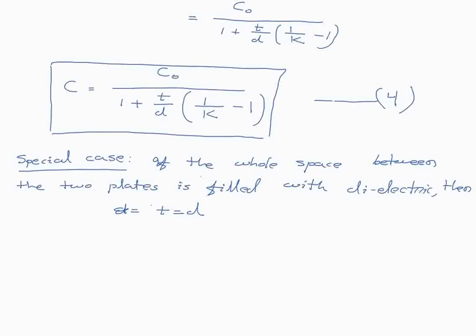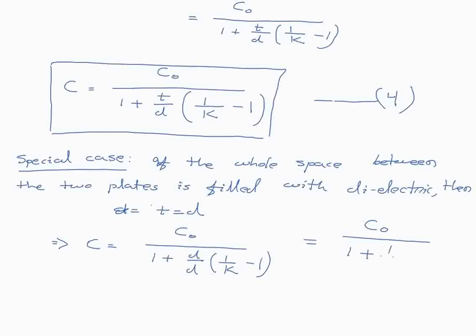So putting this value in the above equation 4, this implies C is equal to C naught divided by 1 plus d by d into 1 by K minus 1. So this is equal to C naught divided by 1 plus 1 by K minus 1. So this is equal to K into C naught. Okay.